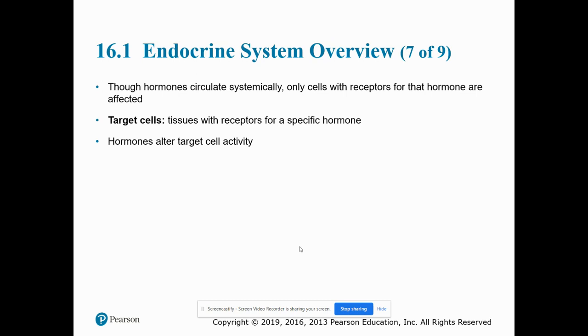And let's say we have a hormone like thyroid hormone, and it can affect maybe 900,000. So the 100,000 that don't have the receptor for thyroid hormone are not affected; thyroid hormone is not going to do anything to those cells. It's only going to do something to the 900,000 cells that actually have receptors for thyroid hormone. And hormones are going to alter target cell activity. That's what they do.